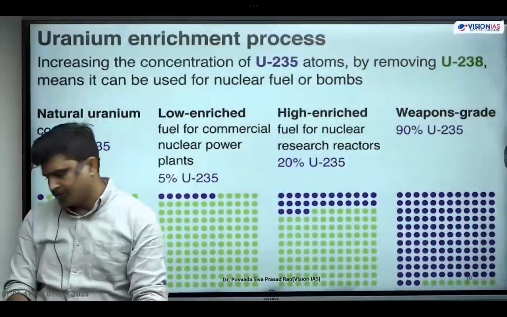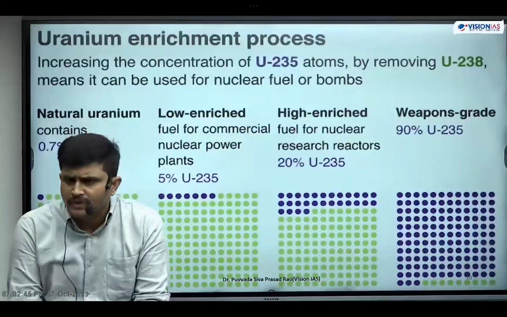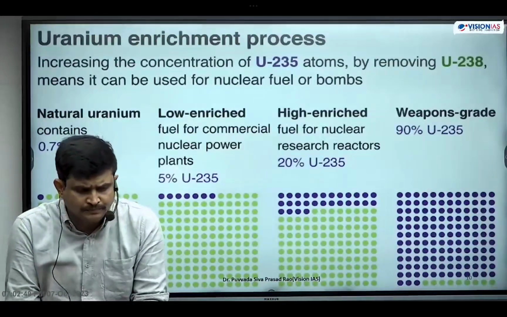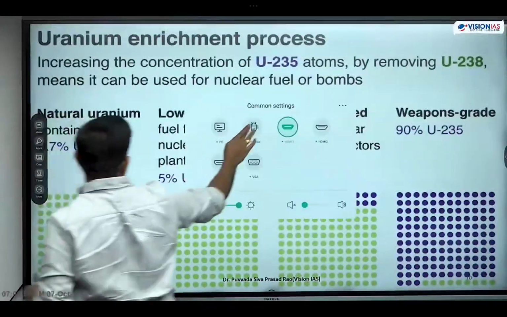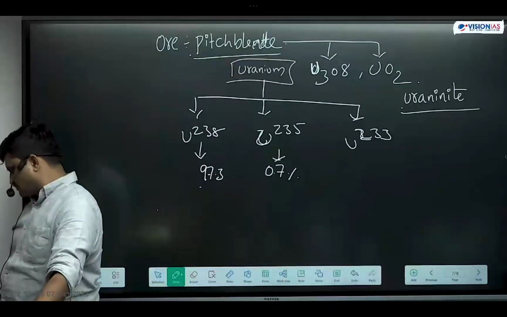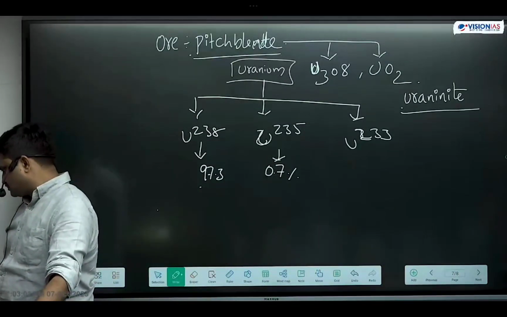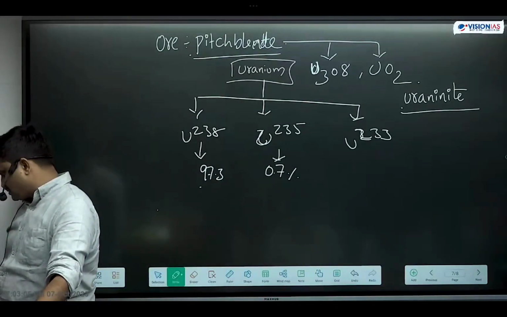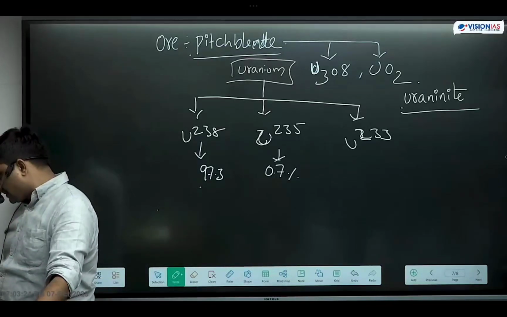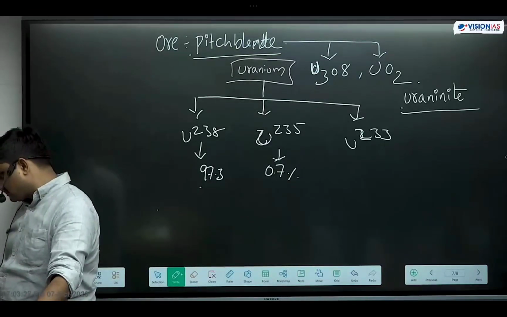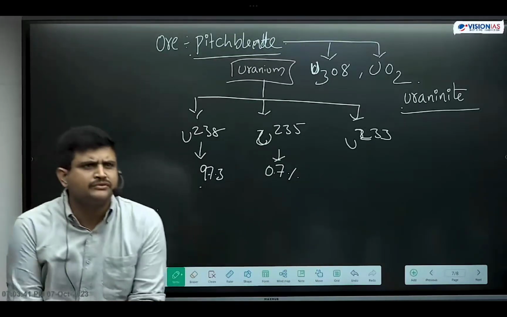Next one is plutonium. Plutonium is produced as a byproduct in the first stage of nuclear reactors, and it is used as a fuel in the second stage.